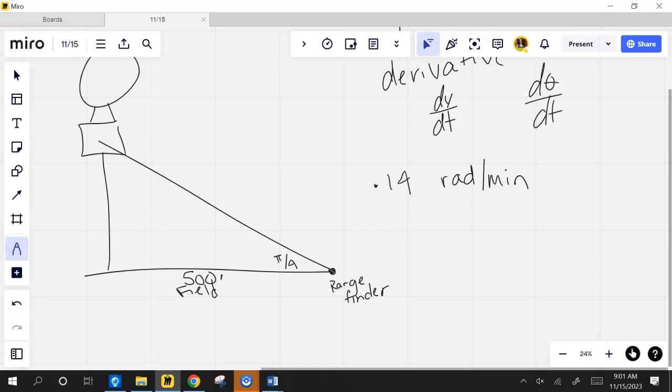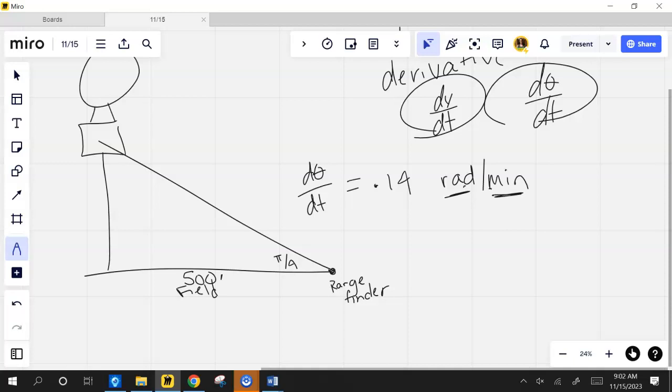The derivative of what? D theta, because this is radians, and that's what my theta is measured in, right? This is d theta over time, because it's radians per minute. Do y'all see how we got that? This is theta, this is t, so d theta/dt is 0.14. Is everybody okay there?